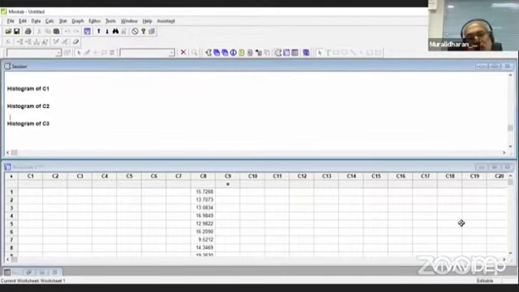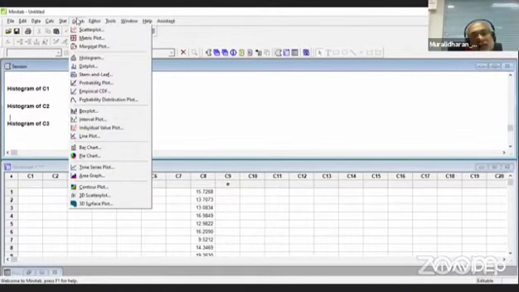This panel is just like the spreadsheet, and the second window is the output window. Those who have worked with SPSS, I'm sure they could see a similar kind of panel there also.